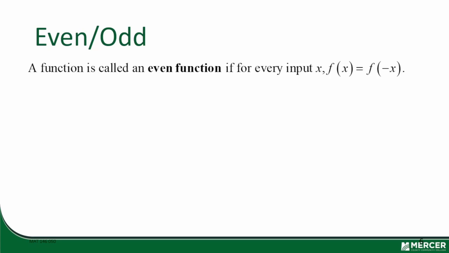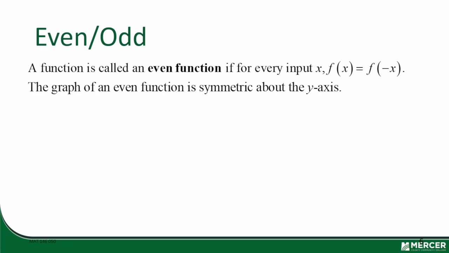Say a function is even if f of x equals f of negative x. The graph of an even function is symmetric about the y-axis. Which means if you take an even function reflected about the y-axis, it's the exact same.